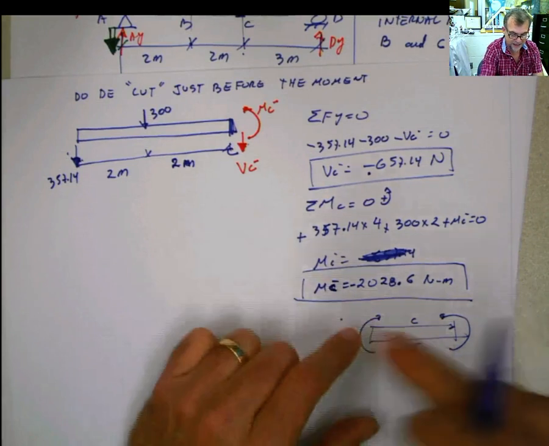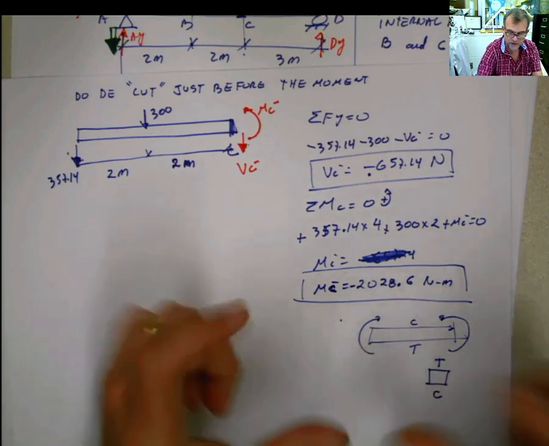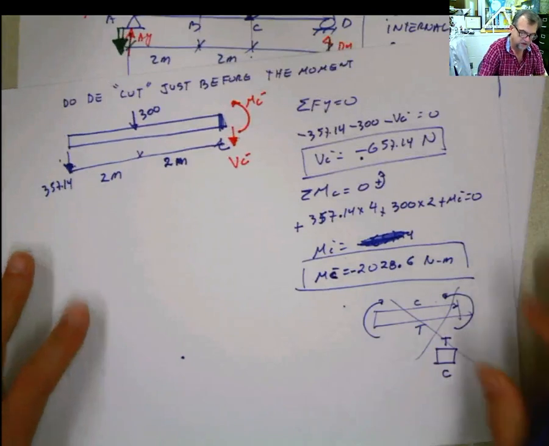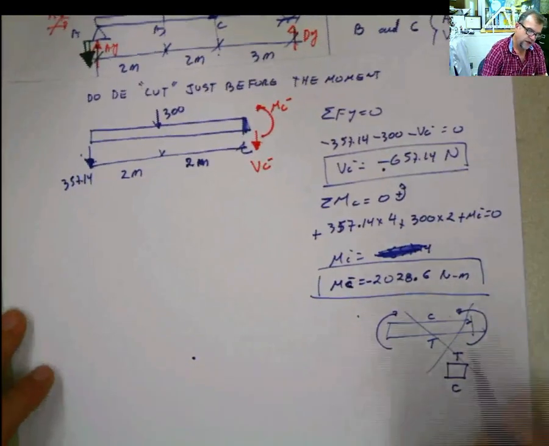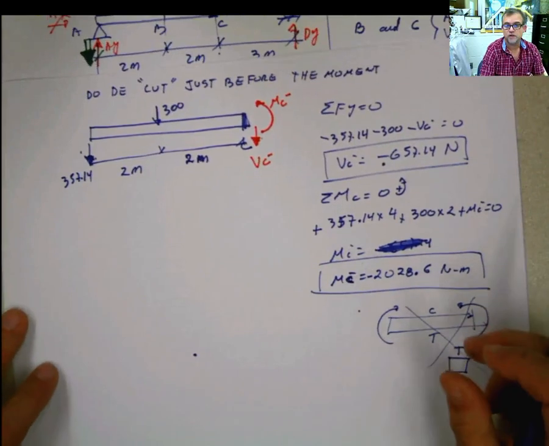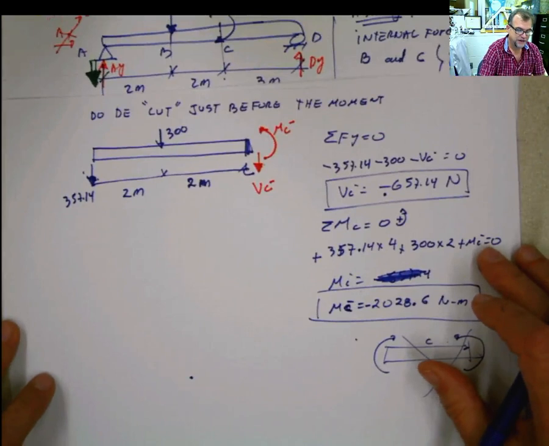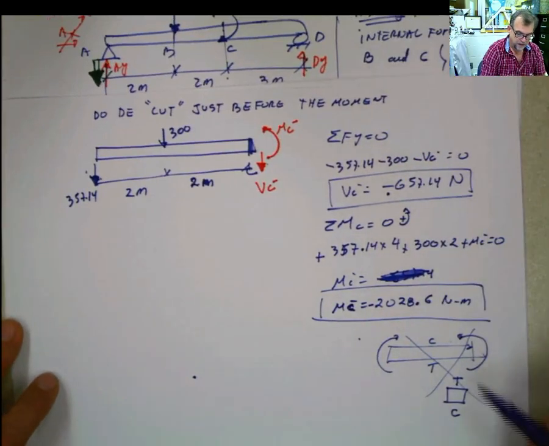That means that at that point the moment is acting with tension at the top and compression at the bottom. It's like an inverted shape, like this one. But once again, this is not for this class, this is for future courses, so forget about that. I know that if I was a student and the professor mentioned something like that, I wouldn't even sleep until I found that thing. Okay, so done.